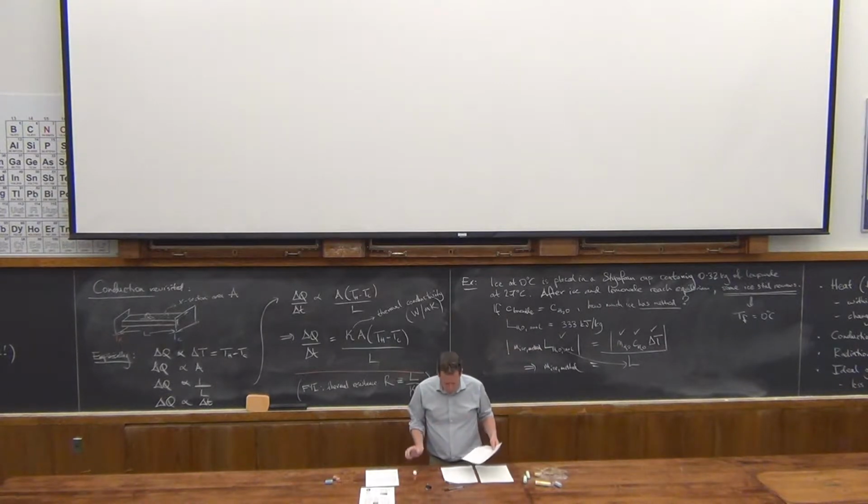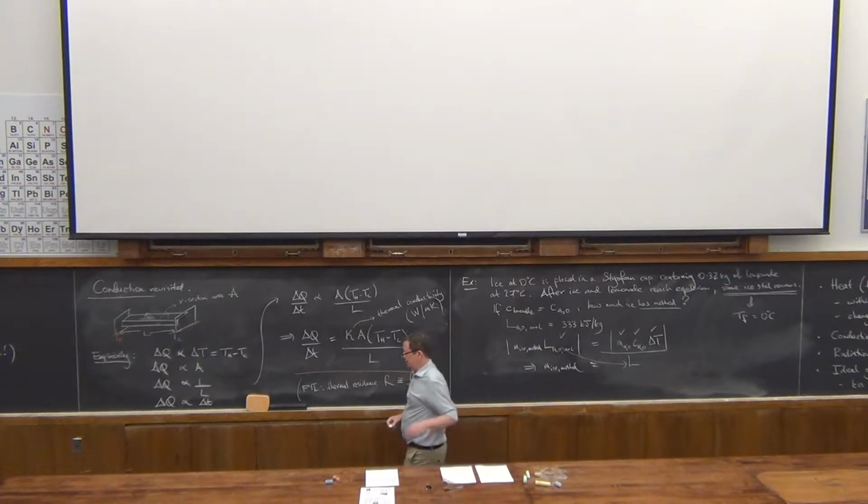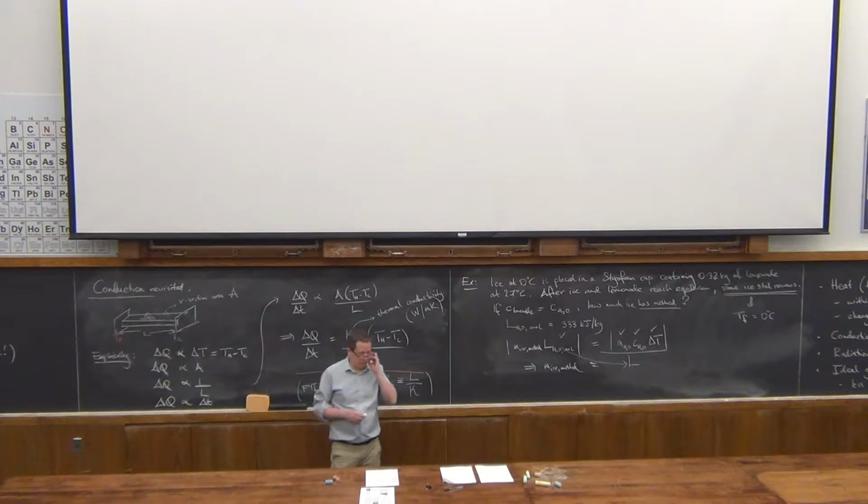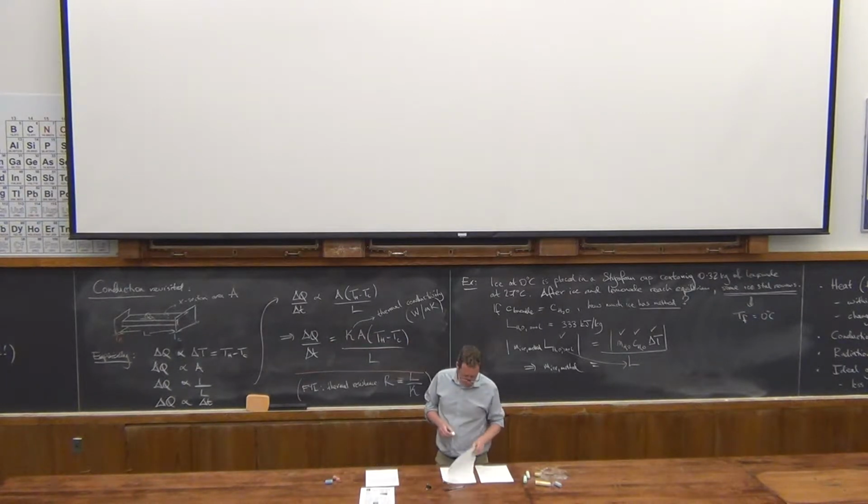So I'm not going to just talk you through simple ways of solving the problems. As you know, thermal energy is going to go from the warmer to the cooler object, so you can immediately identify which direction thermal energy is flowing.